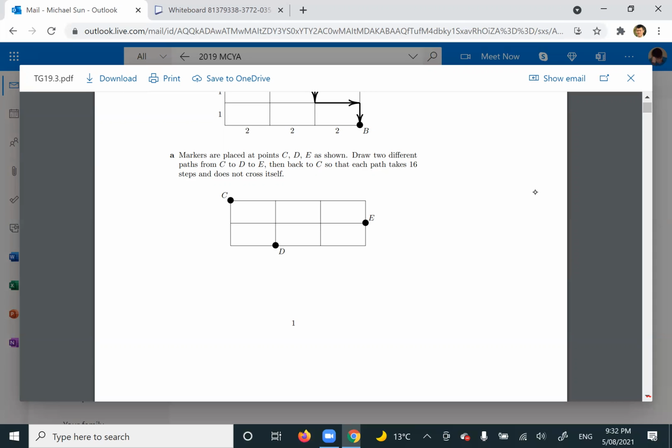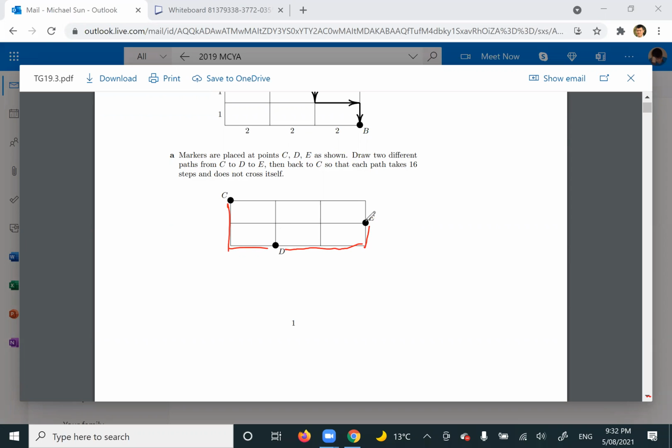Oh yeah. So do 2 steps here, and then 2 steps to D. Okay, so you're suggesting this, yeah? And what else? You do 4 steps to here, and then 1 step here. Okay, so that gets from C to D to E, yeah?